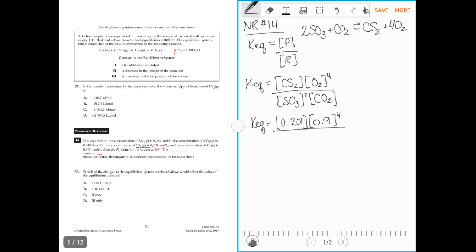When we have sulfur trioxide, we have 0.289, and we have to the exponent of 2. And our carbon dioxide is 0.018.